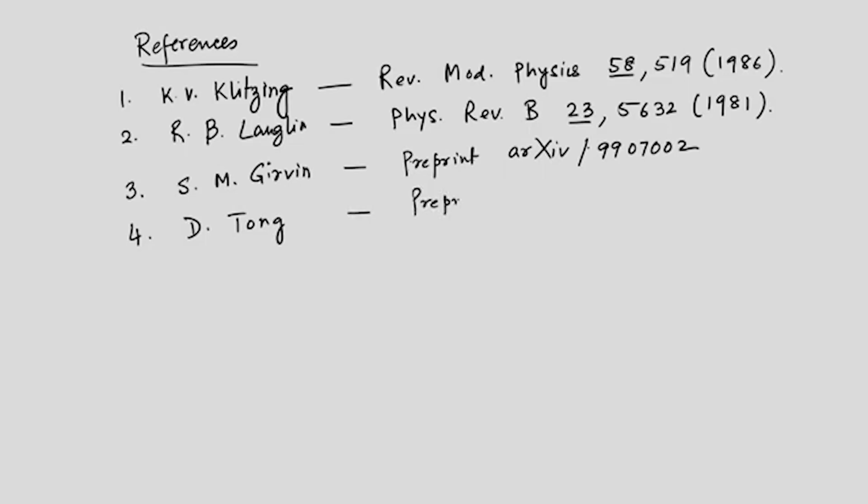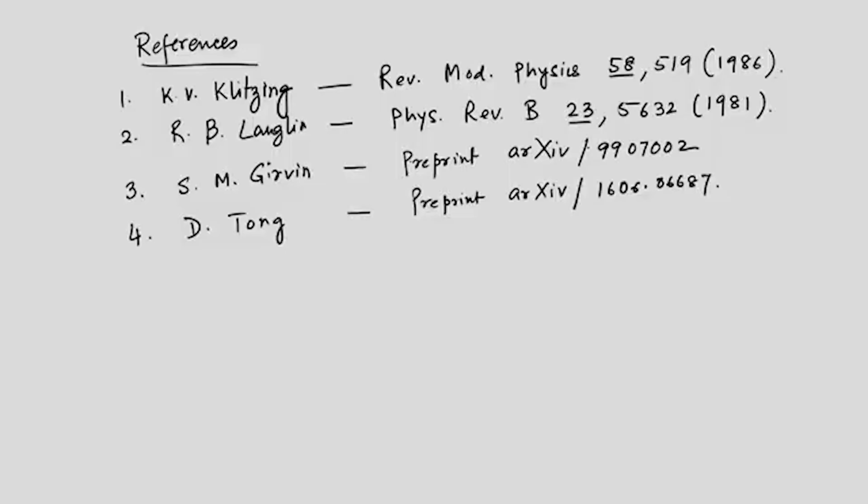This is a preprint as well, probably part of the TIFR Infosys lectures, and this is again freely available in the arXiv, 1606.06687. Apart from that, there are a number of references which may be used. I'll tell you as and when they are used, and they are useful for you to learn the subject.